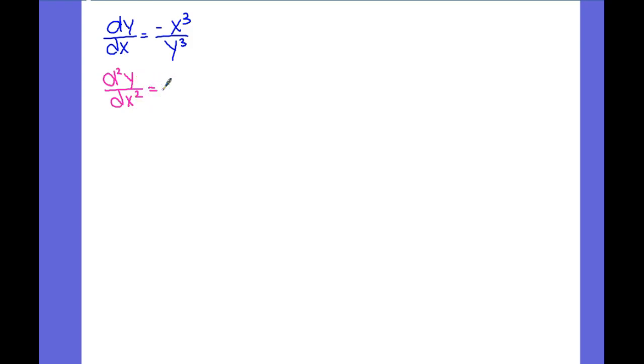So now this is a quotient rule. So it's denominator, times derivative of the numerator. Wait, I just get rid of the fours. So, lo d hi minus hi d lo.